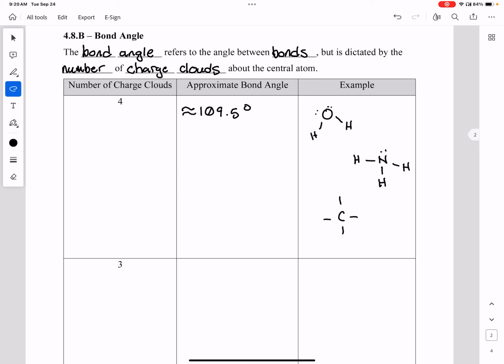Now I realize that on paper like this, it looks like we're doing 90 degrees, but this is in 3 dimensions. We can only do so much on paper. There is a way to draw it, not in 3 dimensions, but to make it represent 3 dimensions, but we're not going over that in this class.